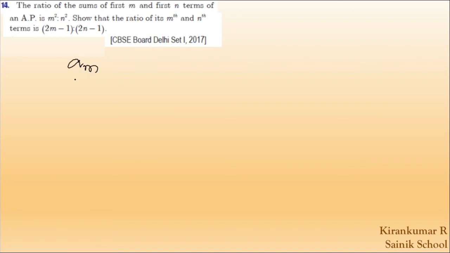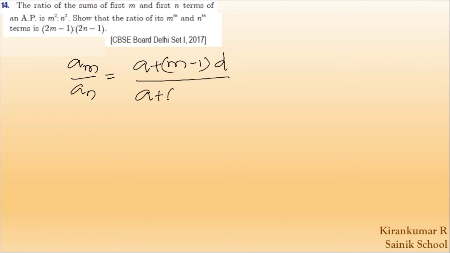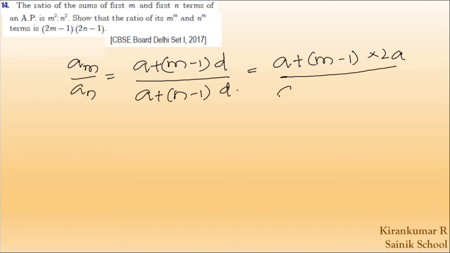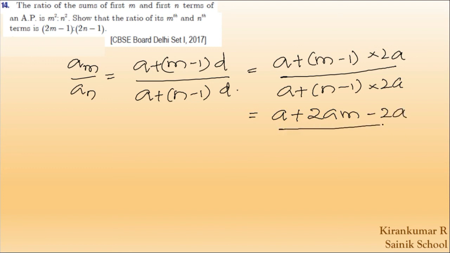So the mth term to nth term ratio will be a plus m minus 1 into d divided by a plus n minus 1 into d. Now in the place of d, let us take 2a. So a plus m minus 1 into 2a divided by a plus n minus 1 into 2a. Let us further simplify. A plus 2am minus 2a divided by a plus 2an minus 2a.